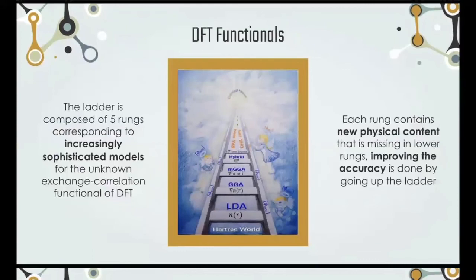So for the DFT functionals, we have our ladder and it is composed of 5 rungs that correspond to increasingly sophisticated models for the unknown exchange correlation functional in DFT. Each time you go up, a new physical content that is missing in the lower rungs is added, which gives more accuracy to your results.